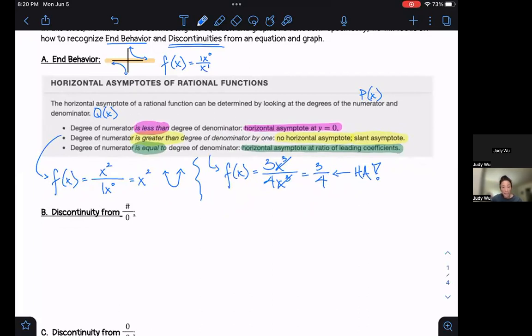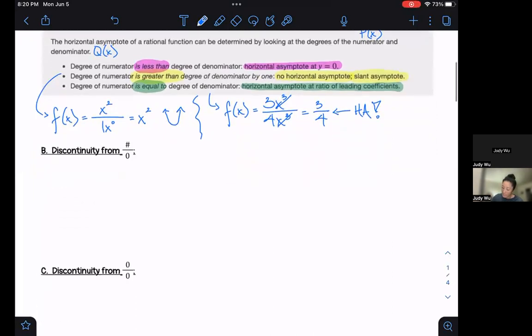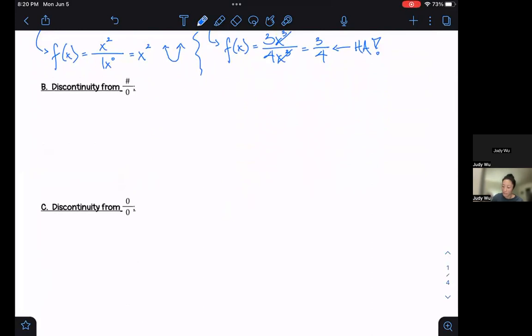Now, the second thing that I want to talk about in terms of rational functions is B and C collectively, they talk about something called the discontinuity. And what we're going to talk about is 2 different types of discontinuities, okay? We're going to talk about one type where we end up with a number divided by 0. And we're going to talk about another case where we end up with 0 divided by 0, okay?